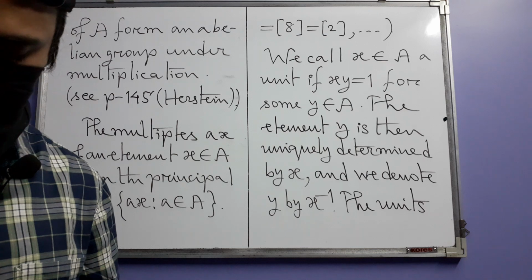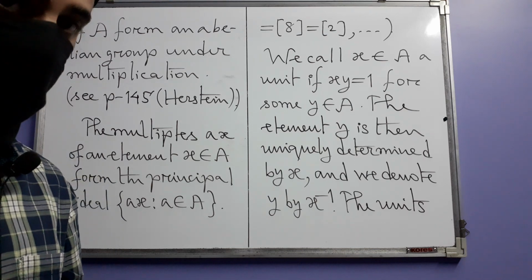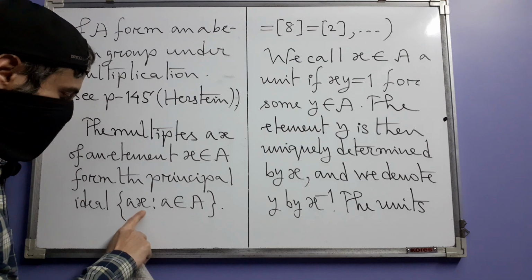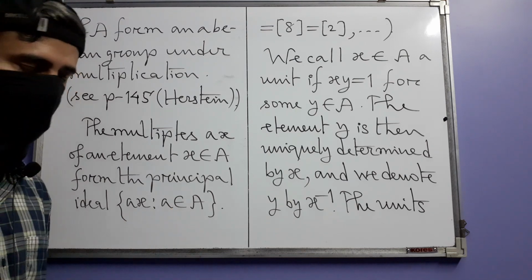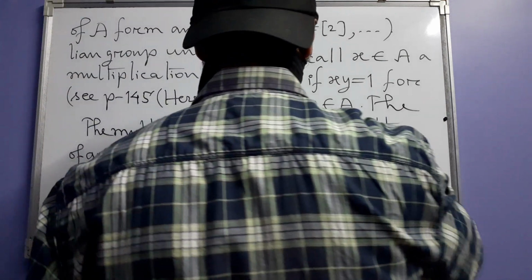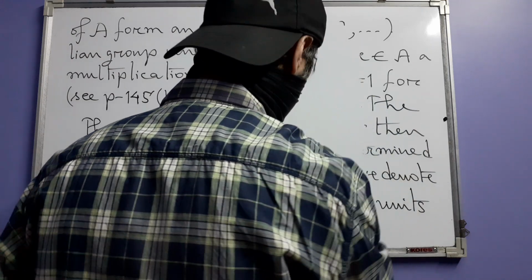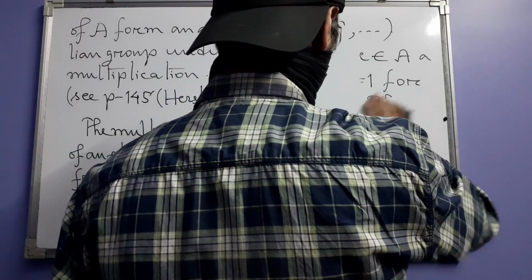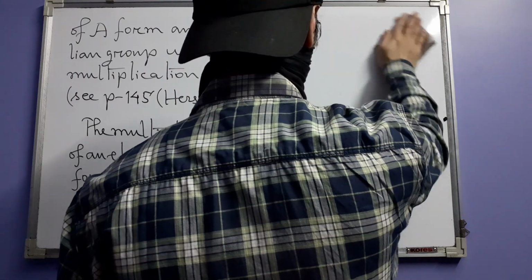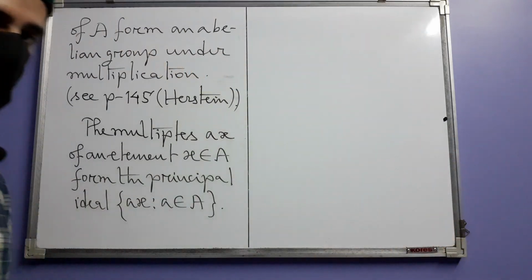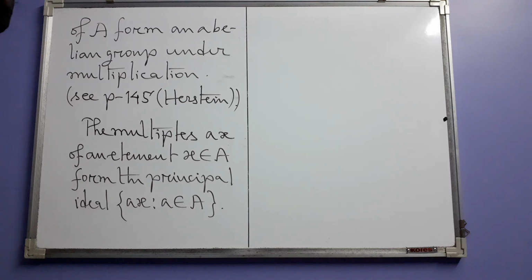Its elements are multiples of some fixed ring element x, and the other elements by which you multiply x, of course, are coming from the ring. It is an ideal. Using the ring axioms, you can prove, in fact we already have done this in Herstein, that this is an ideal.